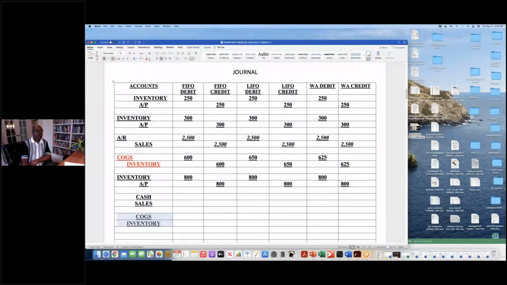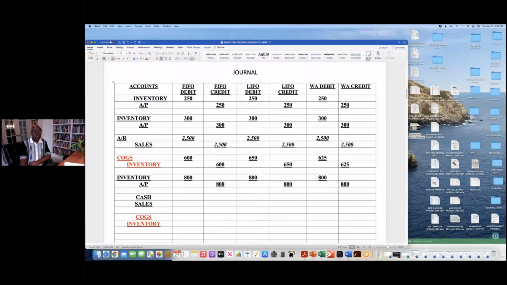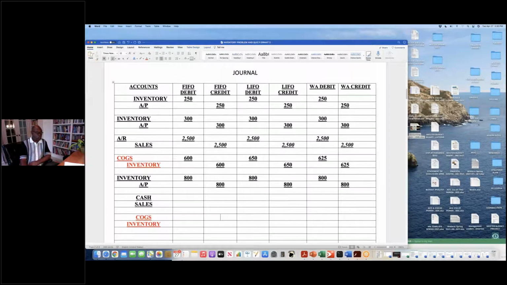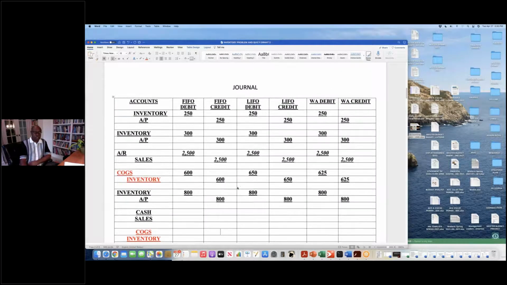So no matter what method you're using, some companies use FIFO, some use LIFO, some use weighted average. It only impacts cost of goods sold and eventually your gross profit. You're still selling the shoes, you're just using a different costing method.